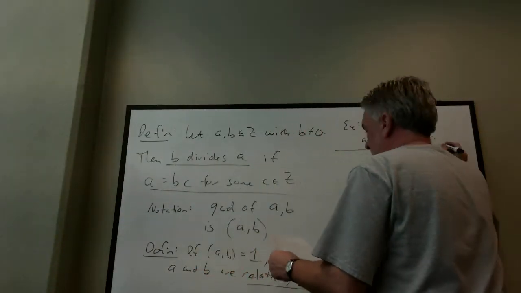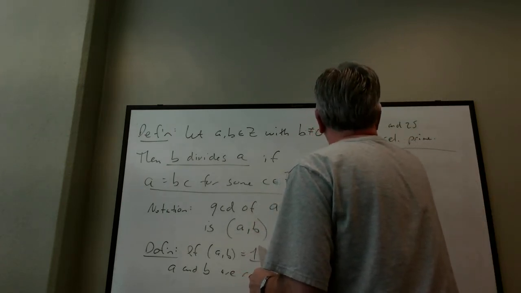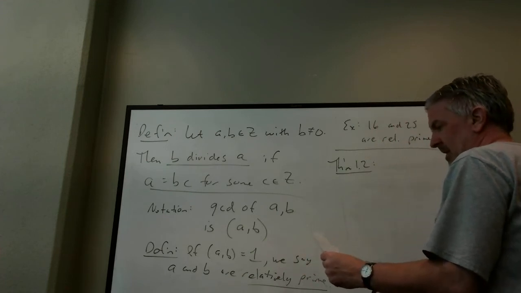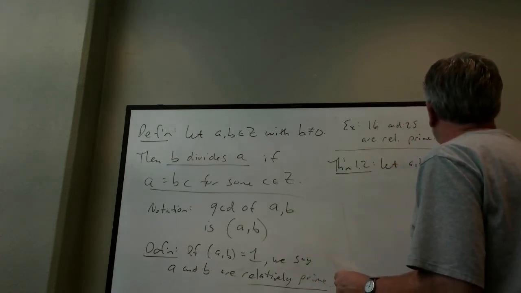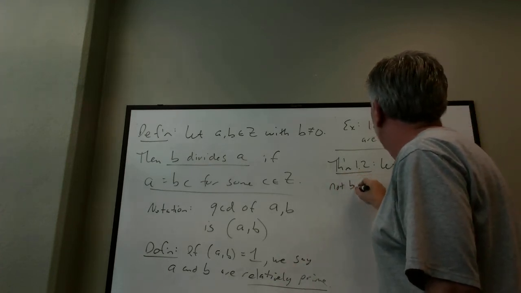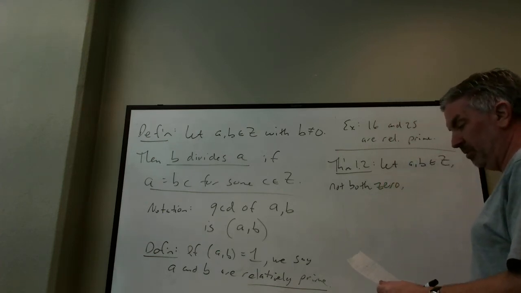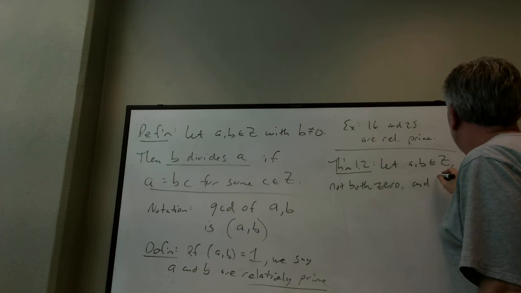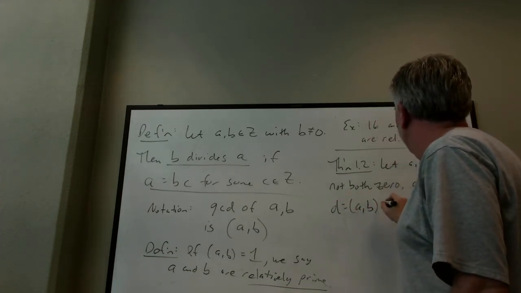Okay, so now I'm going to shift ahead to a theorem. Theorem 1.2 here says, let a and b be integers, not both 0. So one of them could be 0, but not both. And let d be the greatest common divisor of the two.